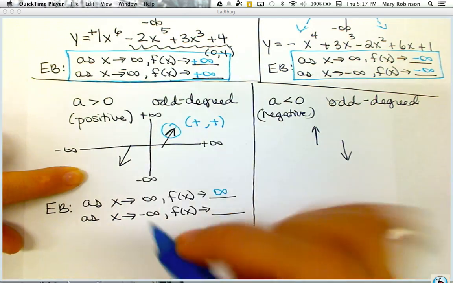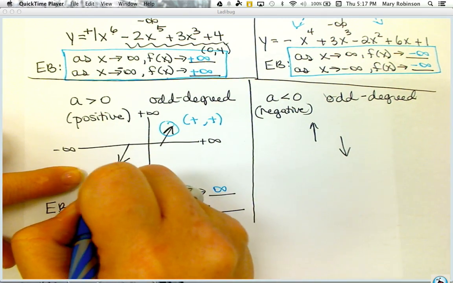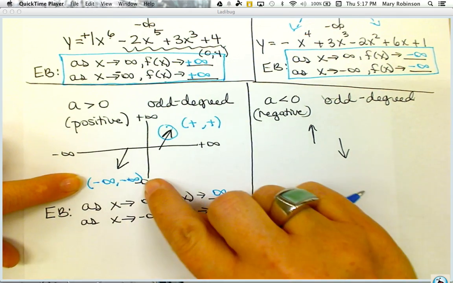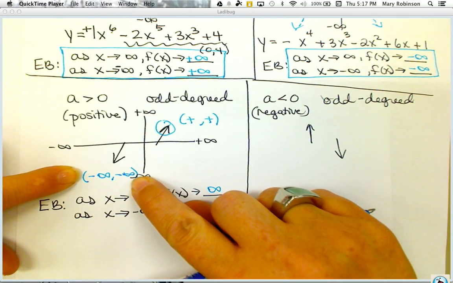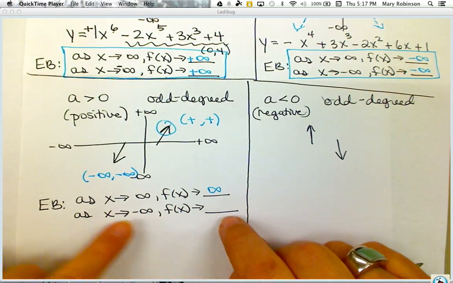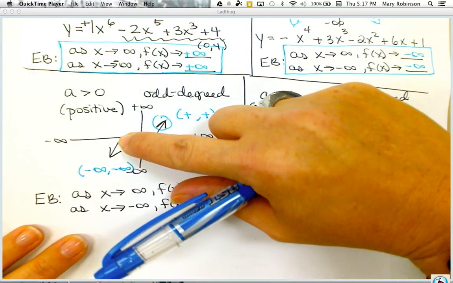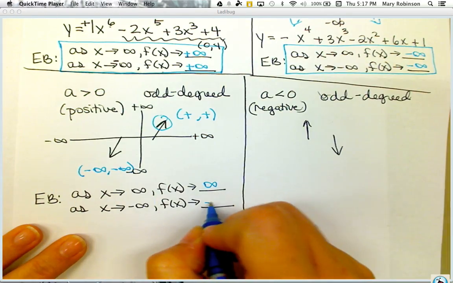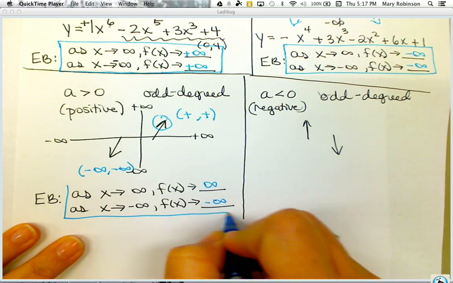This side, it would keep going down, down to within quadrant 3, where both coordinates are negative. So if that's the case, then that means as x is approaching negative infinity, f of x is approaching negative infinity. And I'm all done.